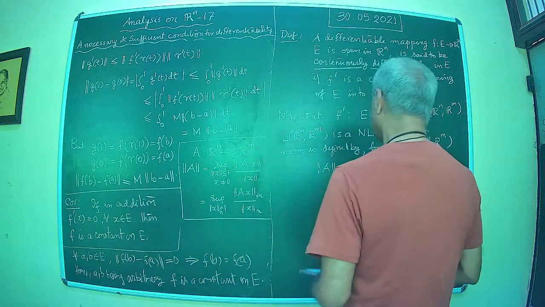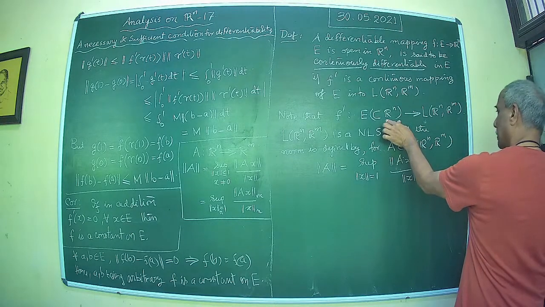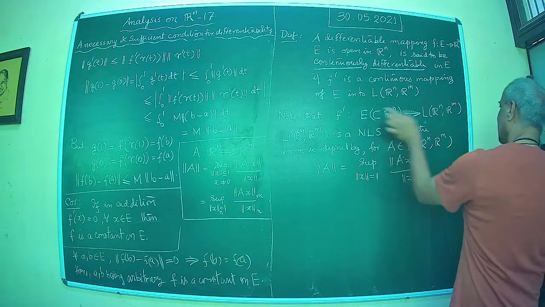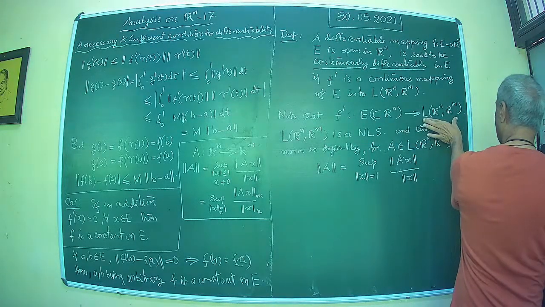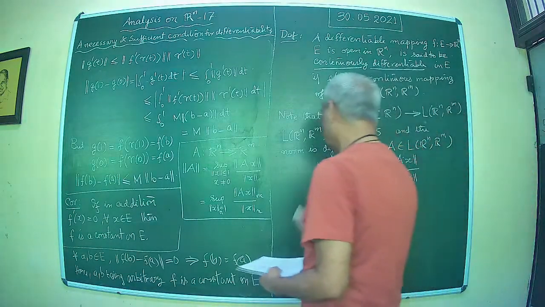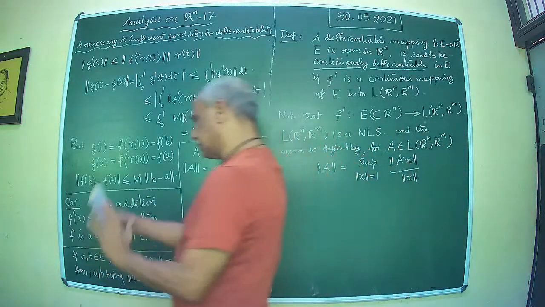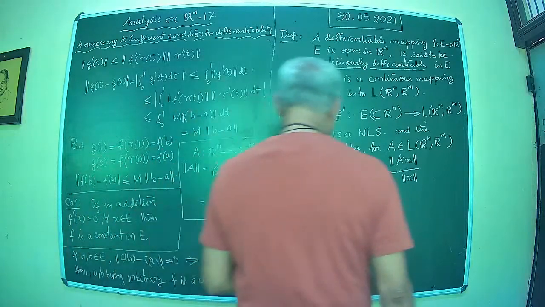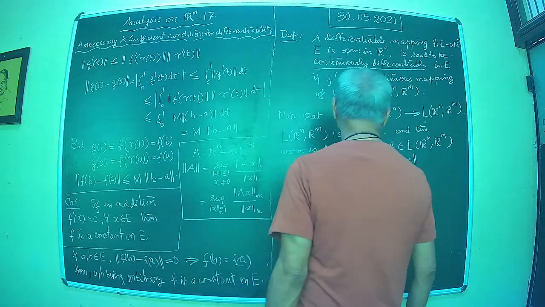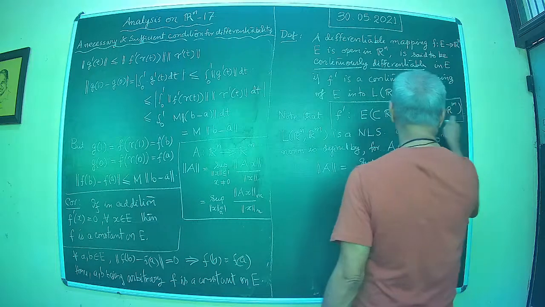Okay, so that's a norm. So you see that E is an open subset of Rn, and you have the norm of Rn here, and here the norm of L(Rn, Rm). So L(Rn, Rm) is a normed linear space with this norm that we have defined. Okay, so you are having a map from one normed linear space into another normed linear space. Okay, so f derivative is a map from one normed linear space into another normed linear space.